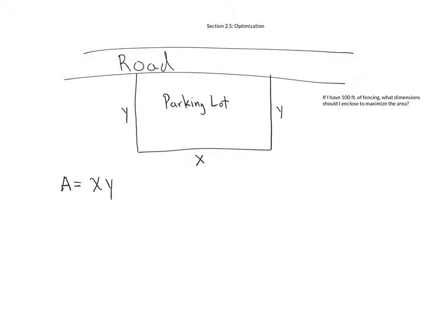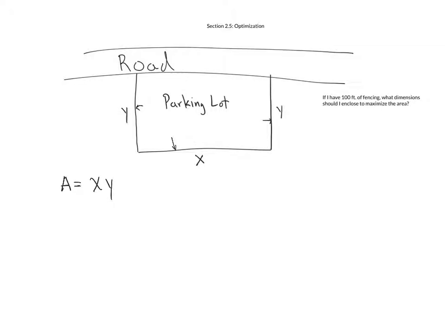And we get that from the fact that there's 100 feet of fencing. So if you look at this diagram, you see that, well, we can use the fence for this side, and for this side. But we don't need to use the fence for the side that's the road.